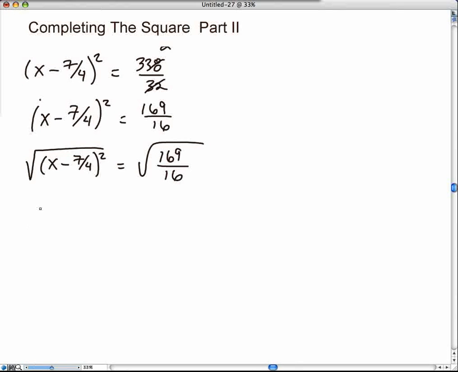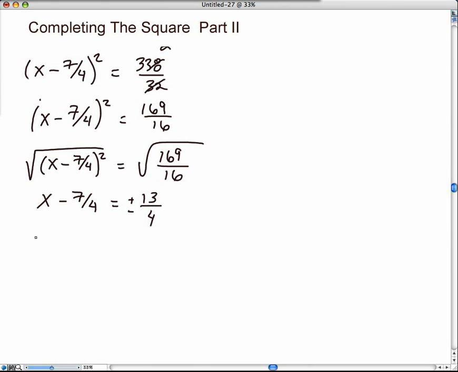All right. So now we know that x minus 7 over 4 equals the square root of 169, which is 13, over the square root of 16, which is 4. And because we're dealing with quadratics, we need to say plus or minus right here. We have 2 roots, 2 answers.